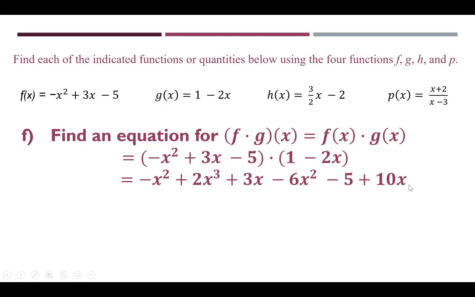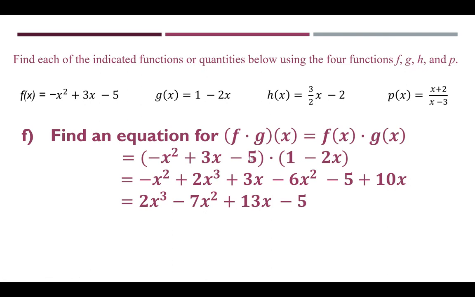We did it. Finally, let's combine our like terms and put this polynomial in descending order with respect to our exponents. So I'm going to put the 2x cubed first. Next, my x squareds. Negative x squared and negative 6x squared makes negative 7x squared.